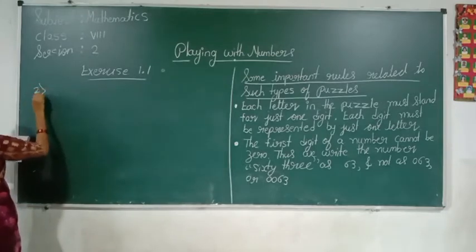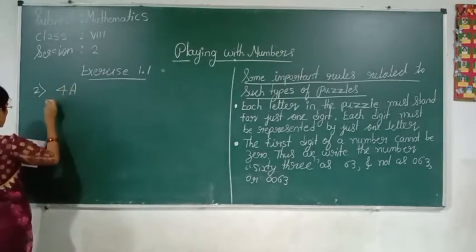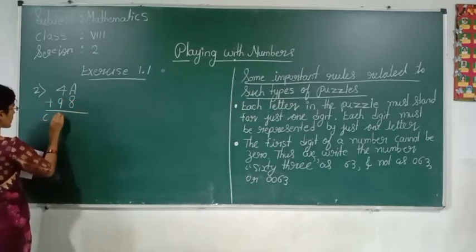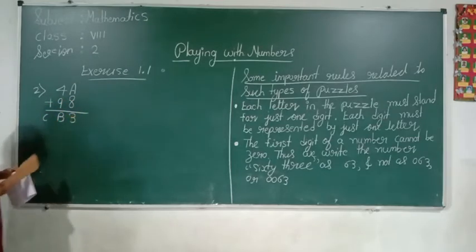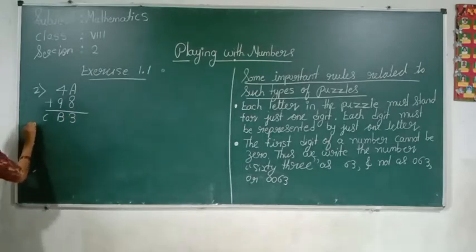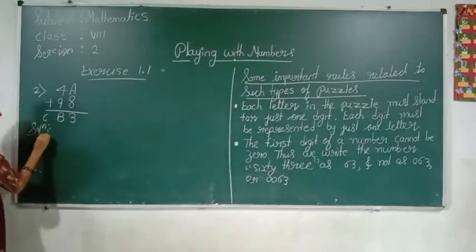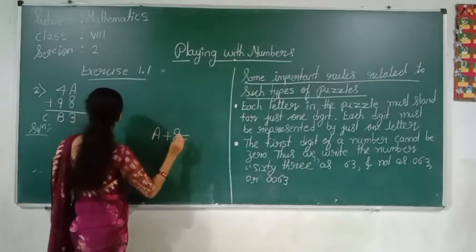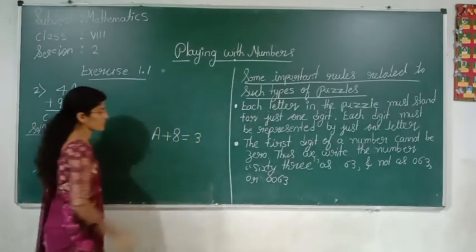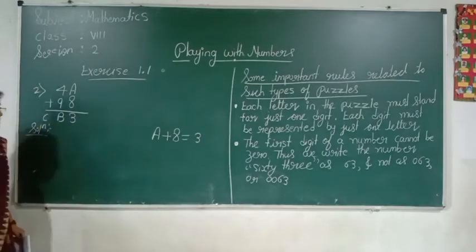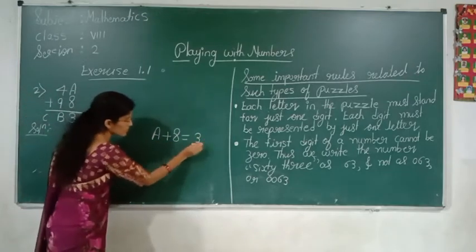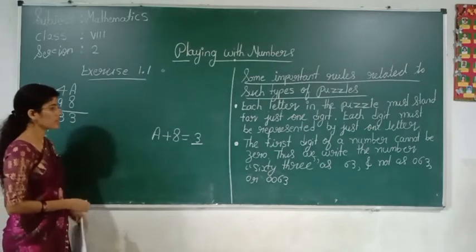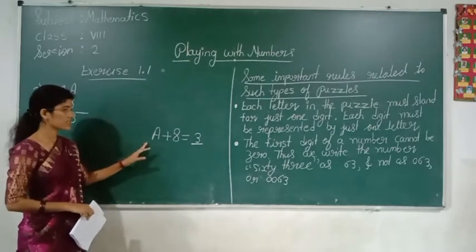So second one, 4A plus 98 will be CB3. Now see, student, now we have to see when A plus 8 is equal to 3. Okay. Now see here, go on substituting the digits.